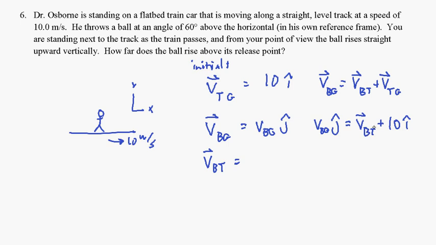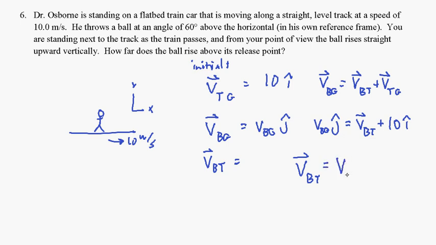So what this means is that the x component of v_BT has to be negative. The i hat part of this has to be negative in order to cancel this out. In fact, it has to be negative 10, because otherwise you've got this problem. So you can go ahead and solve for v_BT.